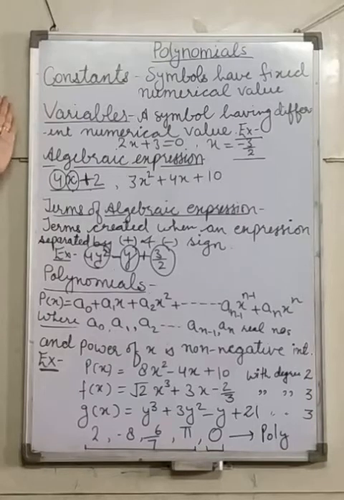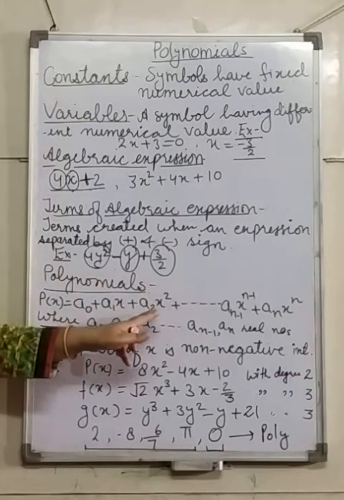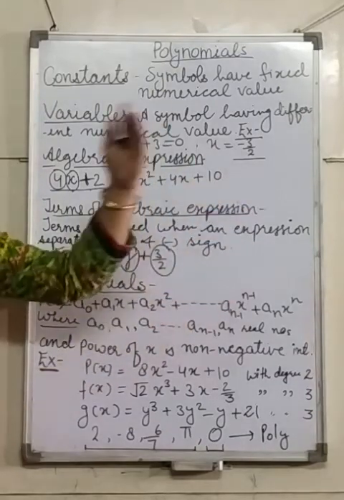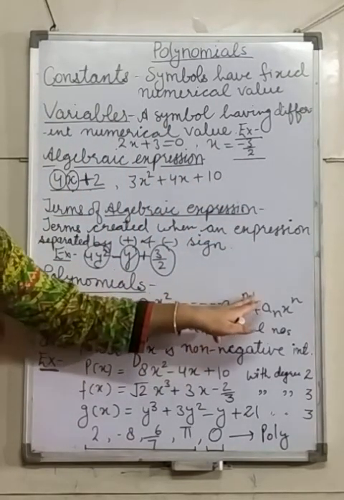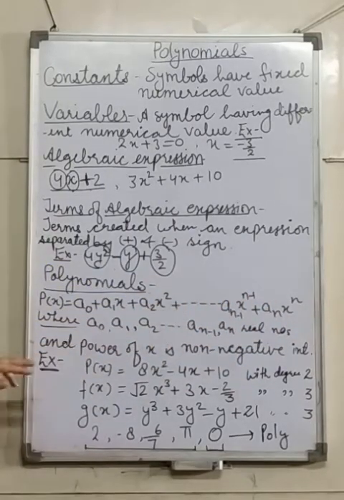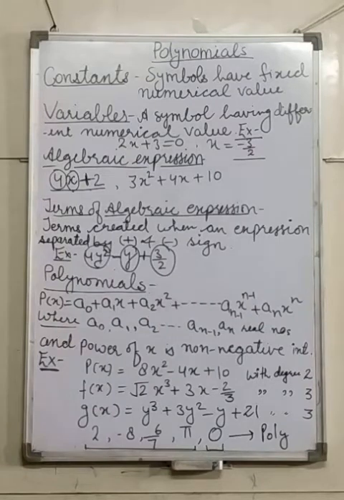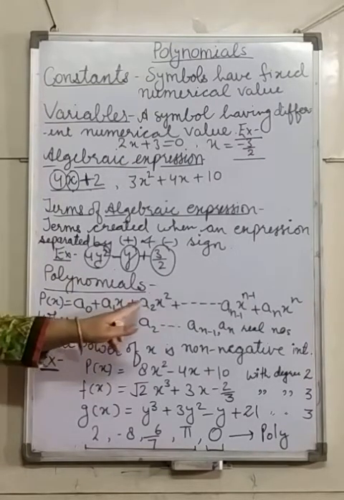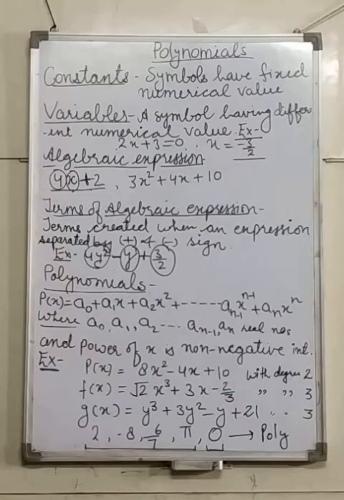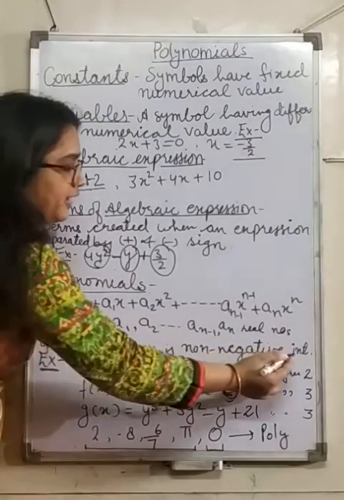Fine. So now ये जो 4 things हैं, these 4 things are going to create a polynomial. So what is a polynomial? An expression, suppose p(x), is of the form a0 plus a1x plus a2x square plus dash dash dash a(n-1) x raised to the power n-1 plus an x raised to the power n, is called a polynomial where a0, a1, a2 dash dash dash an are real numbers and they are also the coefficients of x, x square, and so on, and the power of x is a non-negative integer.